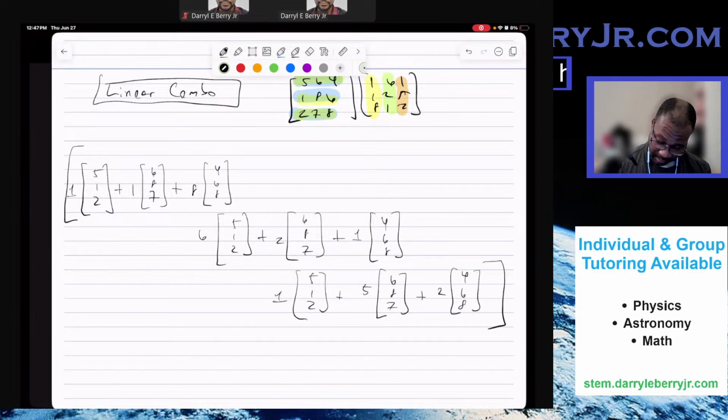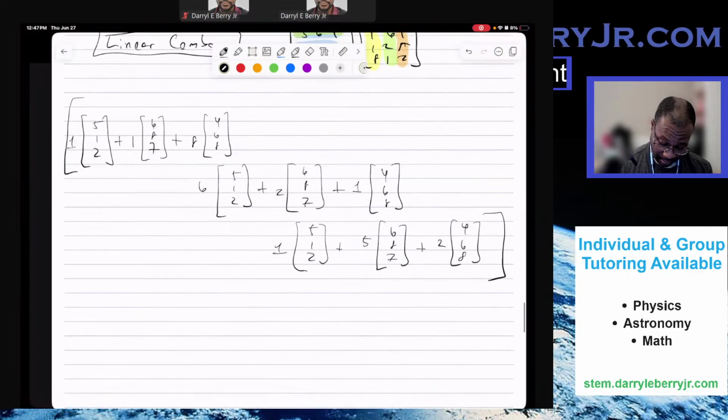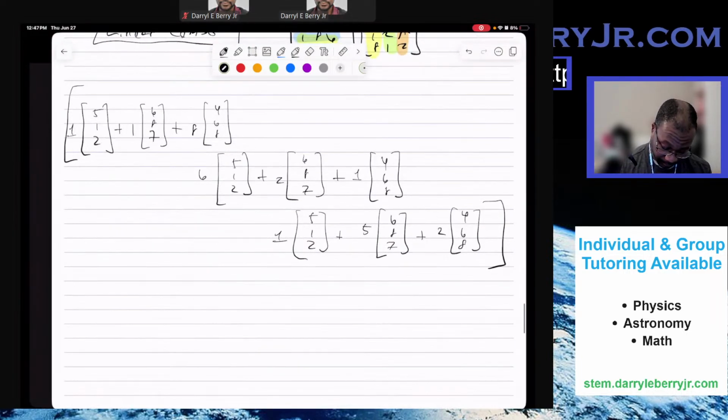So now each of these will become a column of the new matrix. So that should be 5 plus 6 plus 32, 1 plus 8 plus 48, 2 plus 7 plus 64.